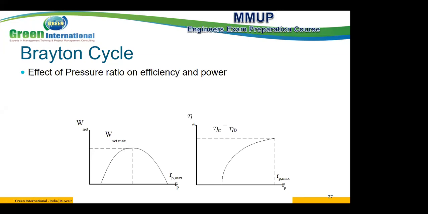So if you increase the pressure ratio, work increases up to the maximum and then goes back down. But for efficiency, we obtain maximum efficiency at maximum RB. In this case, this efficiency is that of a Carnot cycle, the ideal cycle. Brayton equals Carnot.